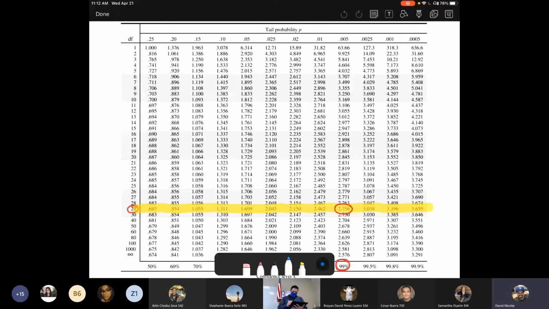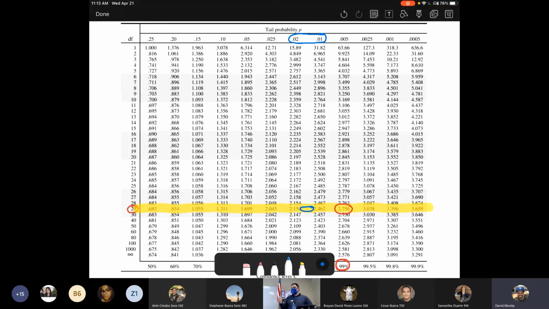And so positive 2.453 lies somewhere between 2.15 and 2.462 on table B. We're not going to land directly on it in this case, which means that's how we get the interval, or the p-value, top and bottom range, so to say, is 0.01 to 0.02, using table B.